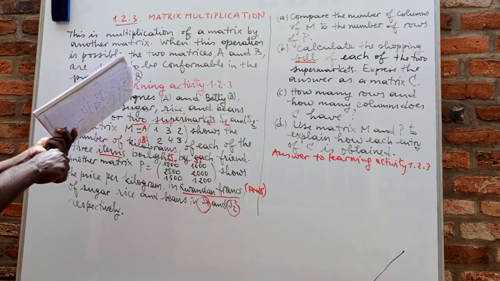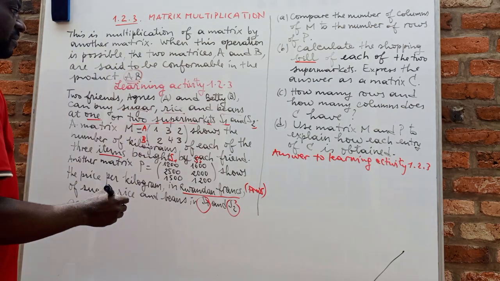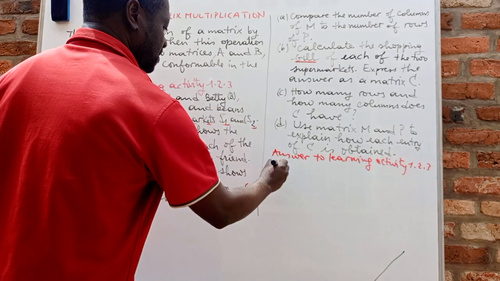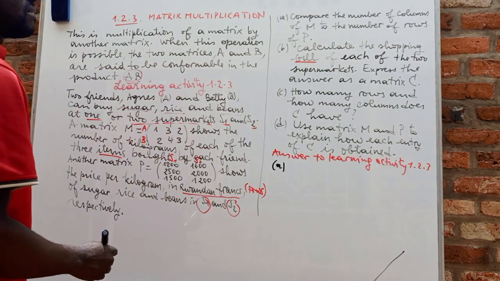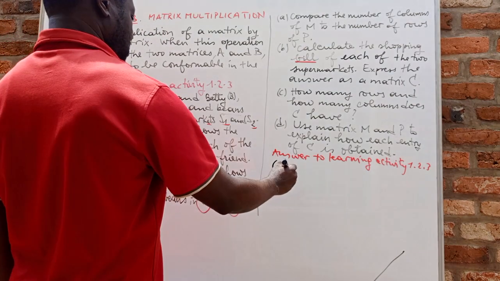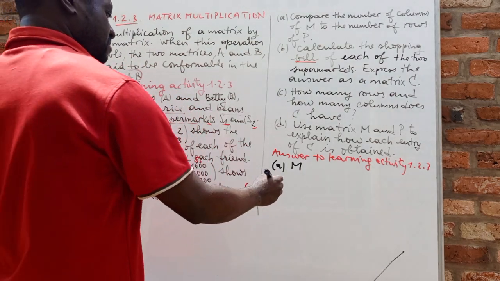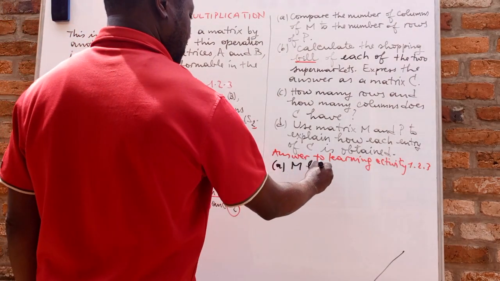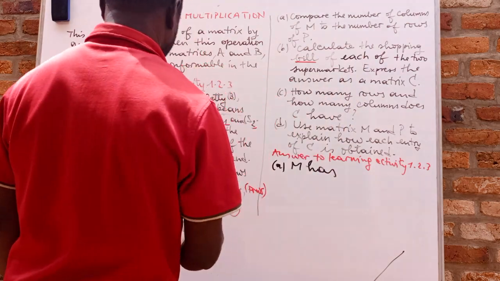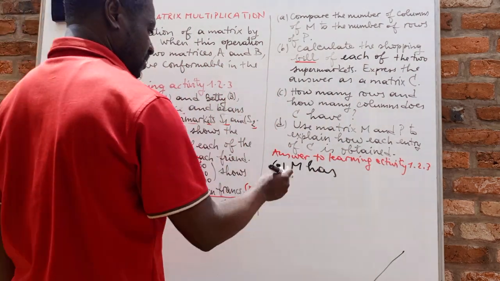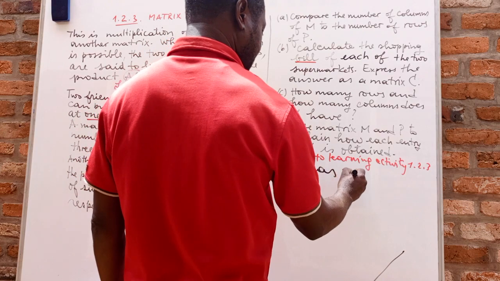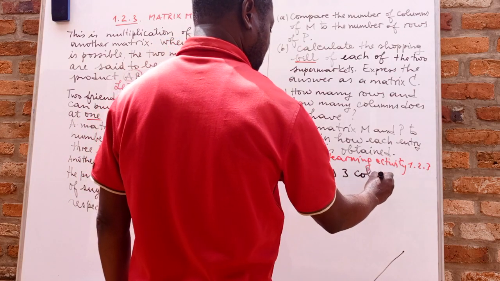So we can compare the number of rows and the number of columns. The first comparison: how many columns does M have? We have 3 columns.